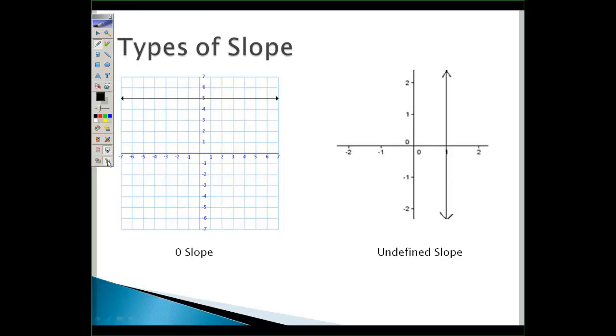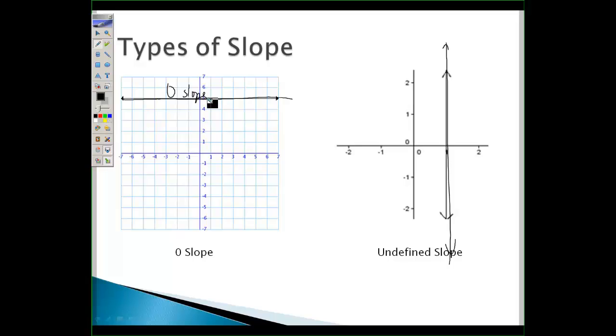Finally, these are the ones that are hard to keep track of. This guy right here is a zero slope. As you can see, it is just a horizontal line. That's called zero slope. And finally, undefined slope, which is straight up and down. Okay, that's undefined. Now, the way some of my students in the past have remembered zero slope is that you can just write zero slope right on the line.